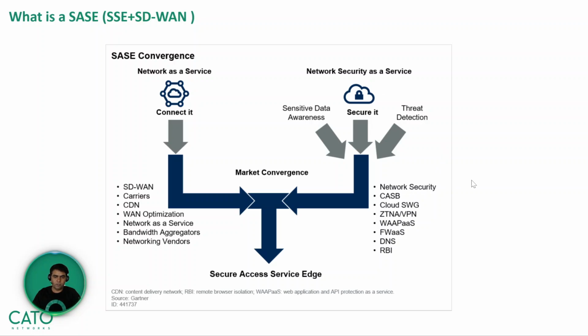What it means is you take the SSE controls, and then you take the network controls, put them into one platform, and converge them. This is how the SASE framework looks.